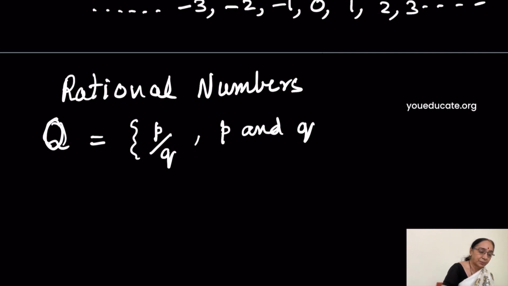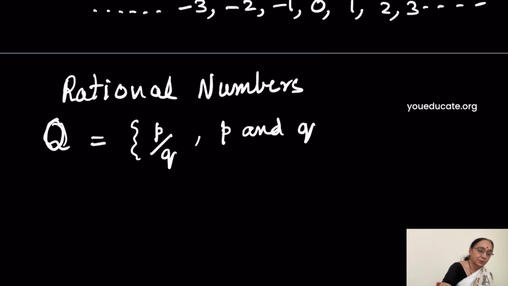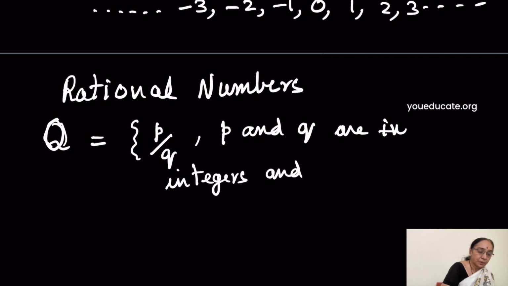So we write that the set of rational numbers is denoted by Q, P by Q, where P and Q are integers and Q is not equal to 0. You need to specify this, and you should also know that you cannot divide by 0.